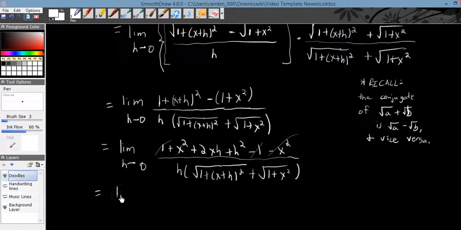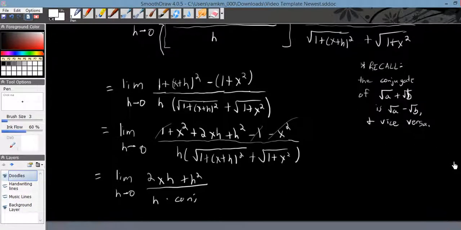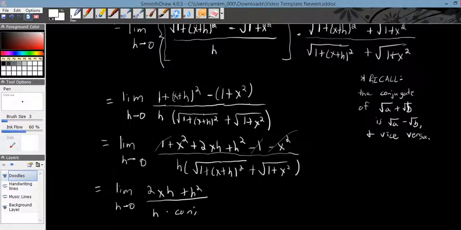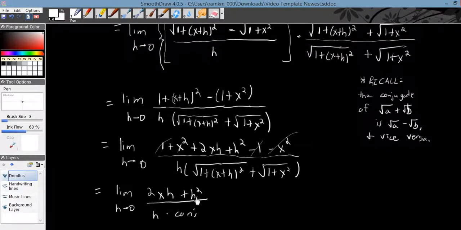And what you'll be left with is the limit as h approaches 0 of 2xh plus h squared over h times, and I'll just say times the conjugate here. So you can see now that there are some cancellations in order.